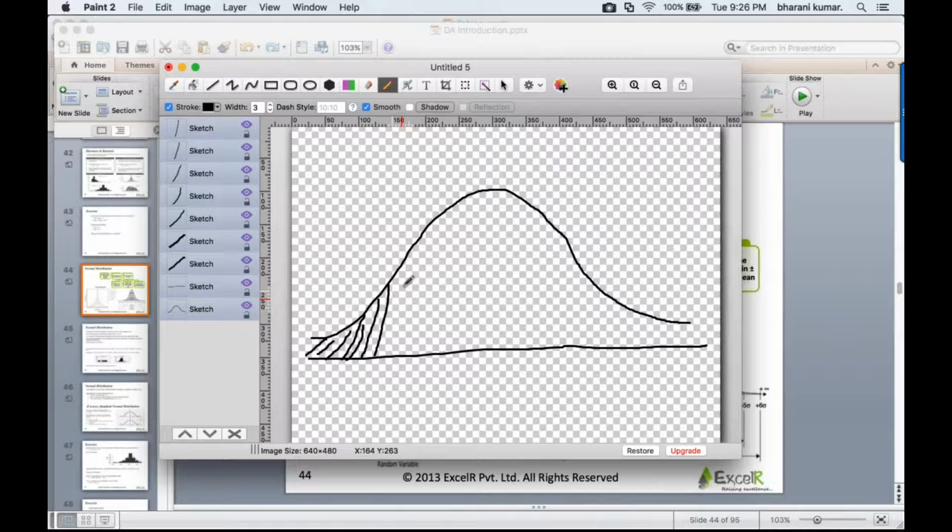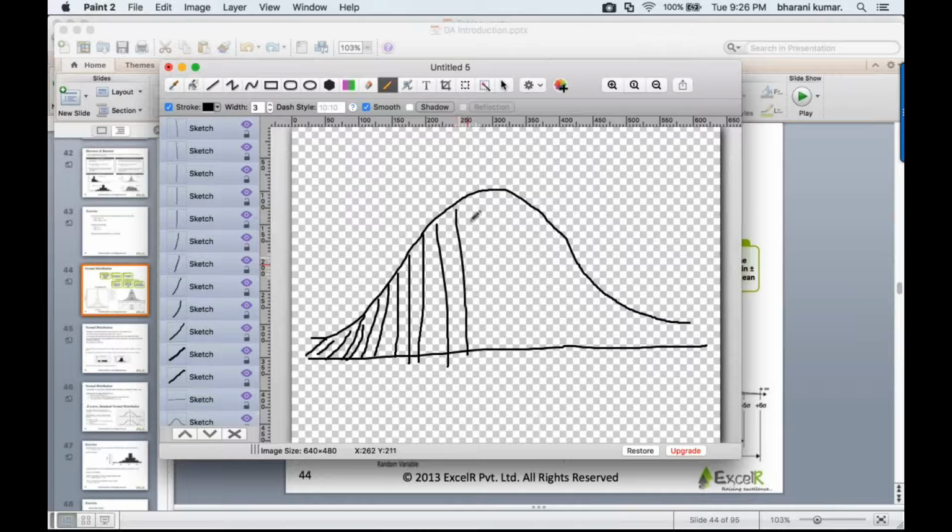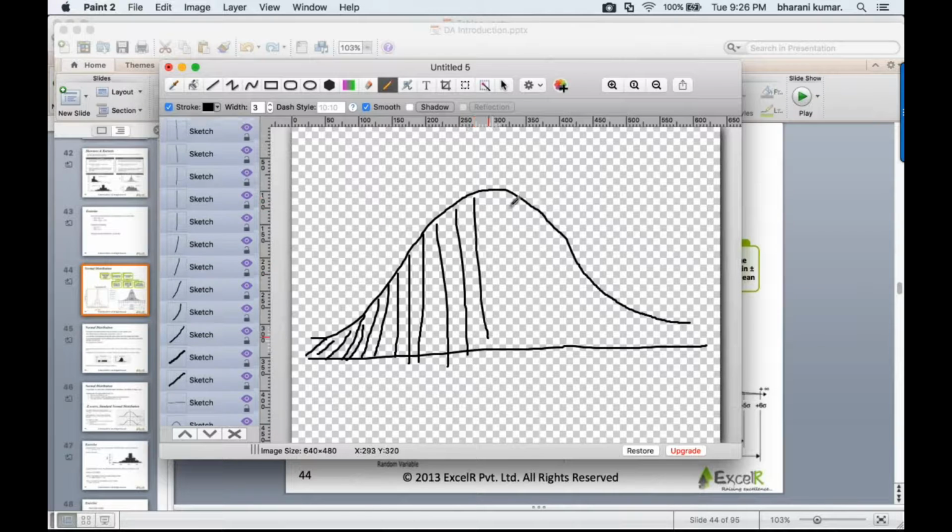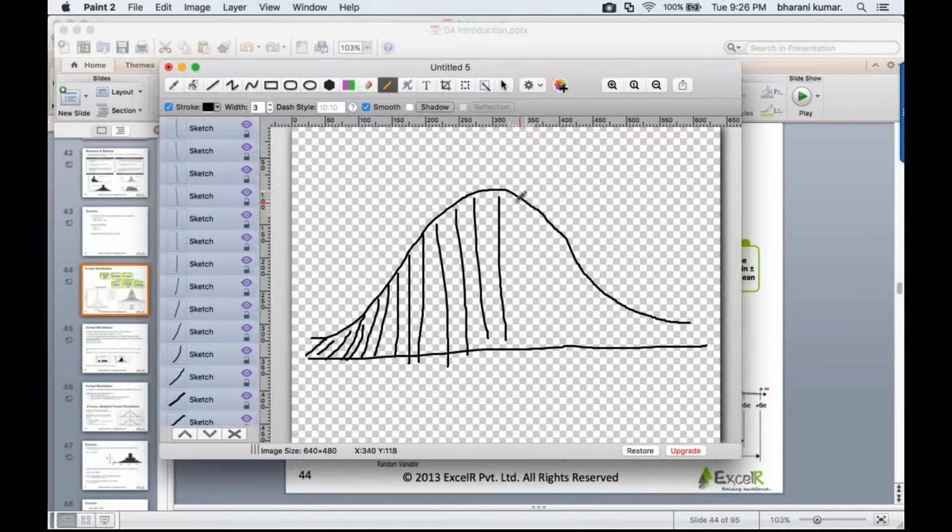Number of people who have 4.8, 5 feet, 5.1, 5.2, 5.3, 5.5, 5.6, right? Then 5.8, 5.9, 6 feet, right?